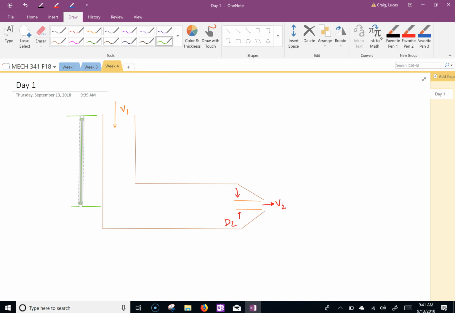And I'll write L there. And the inlet here has a diameter D1, and D1 is the green. We've got 9 centimeters for D1.